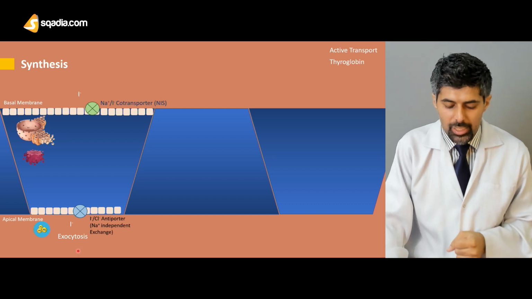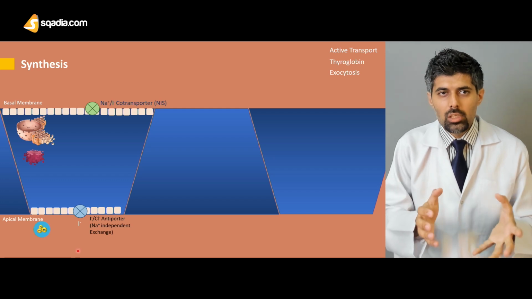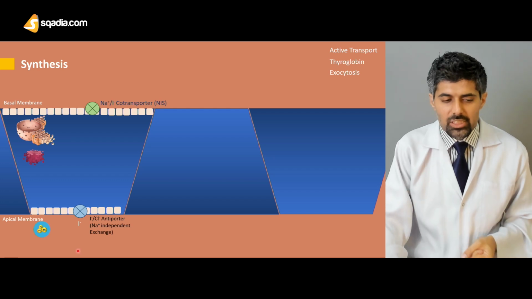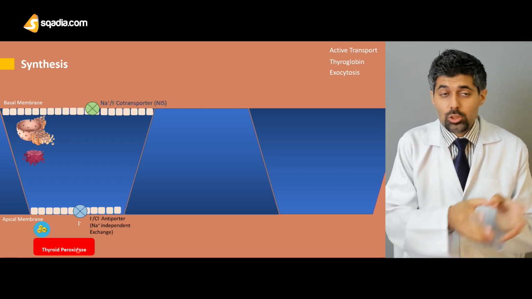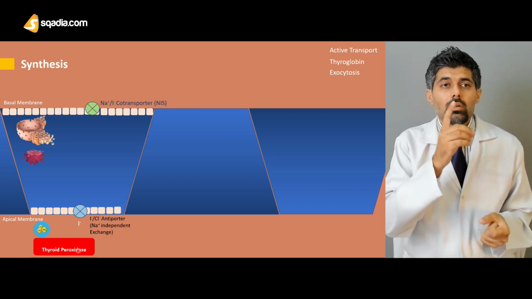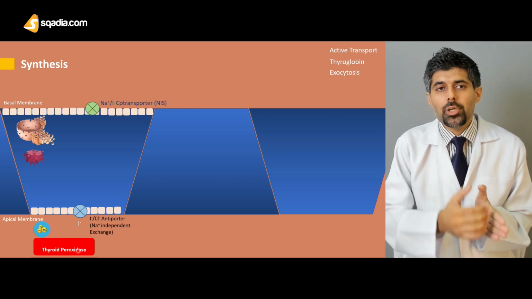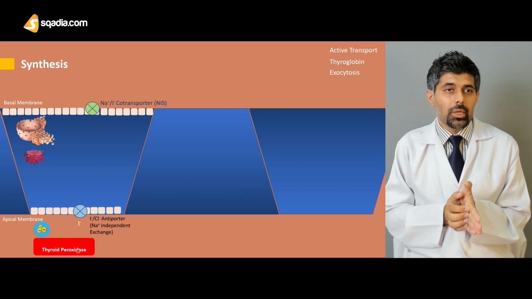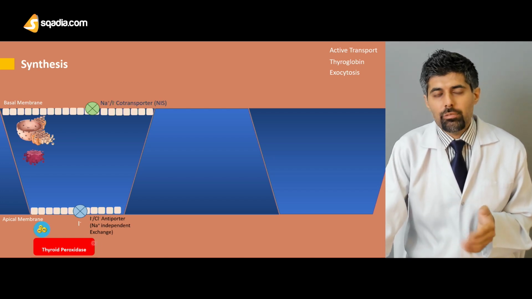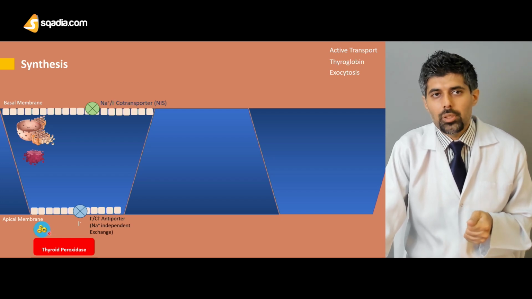And once it is out in the follicle, it starts to react with the iodine. Because of the thyroid peroxidase, which is produced by the rough endoplasmic reticulum and transported with the thyroglobulin, but is activated only in the lumen of the follicle, it starts to iodinate the thyroglobulin.